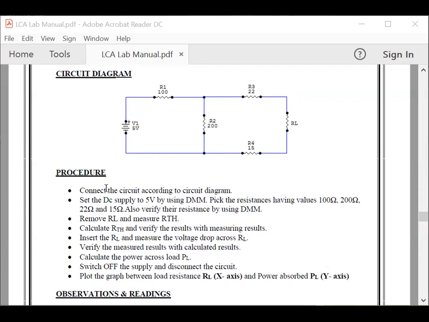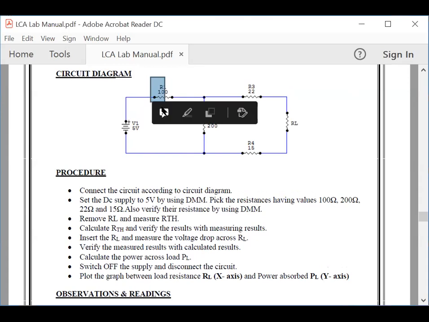If you have Proteus, kindly make this circuit on your Proteus. These resistances are in series with a 5-volt battery. Our 200 ohm is in parallel. Then again, we have two resistances, 22 and 15, in series. So first of all, connect the circuit according to the given diagram.